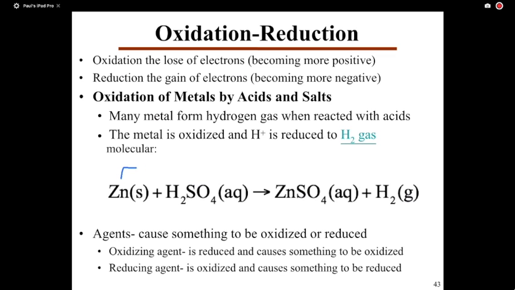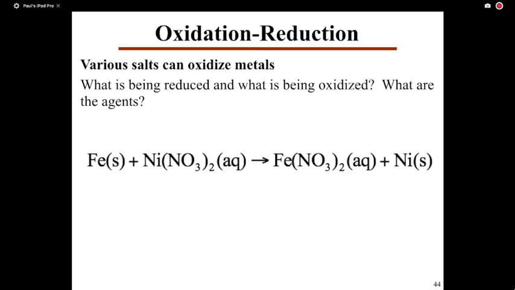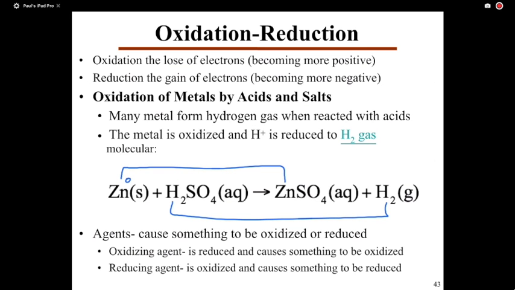Zinc goes from here to here, okay? And hydrogen goes from here to here. In this case, the oxidation state of elemental zinc is 0. The oxidation state of hydrogen in the acid is +1. In the final case, zinc is +2, and hydrogen in the elemental form is 0.